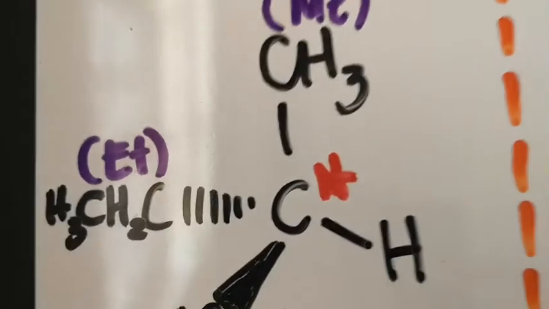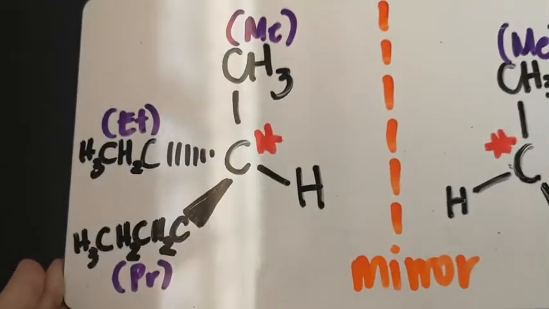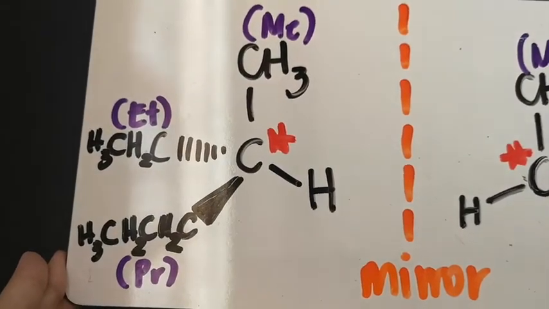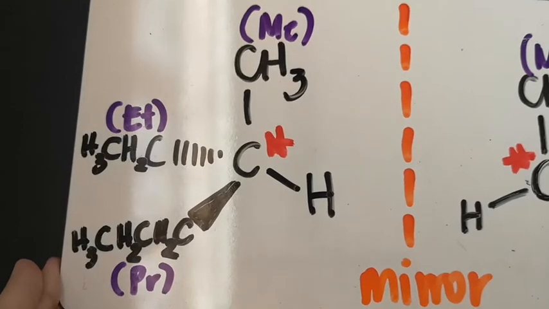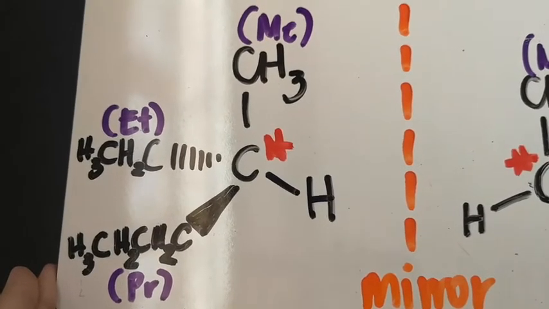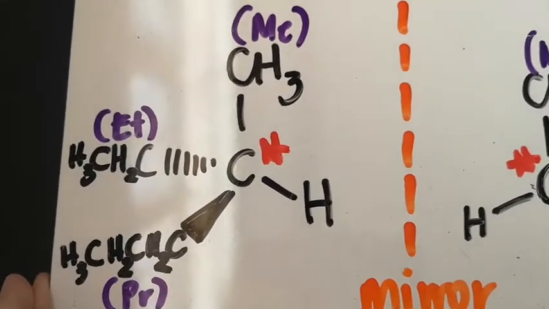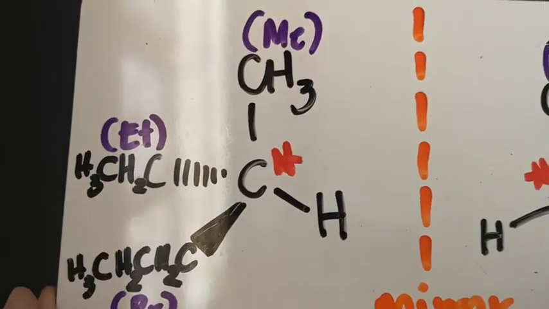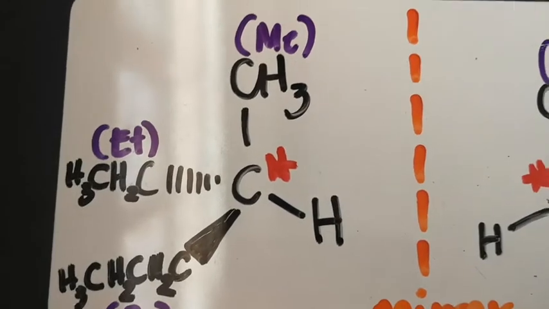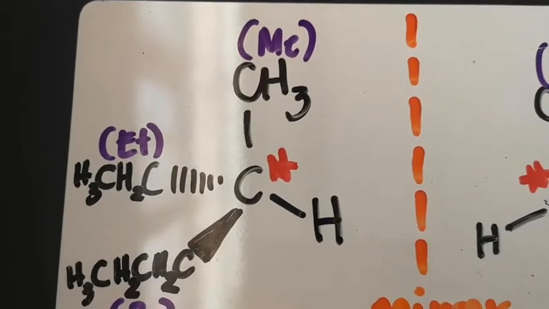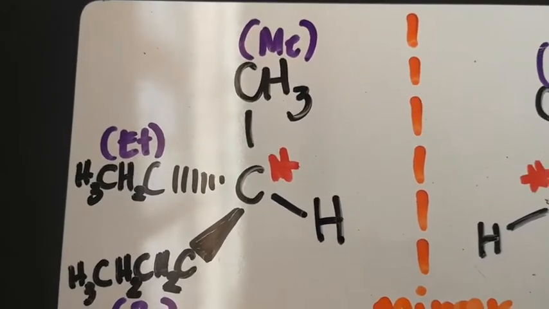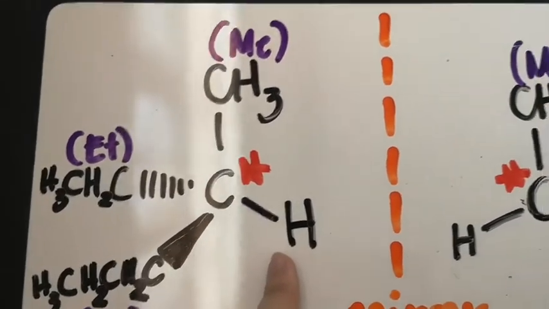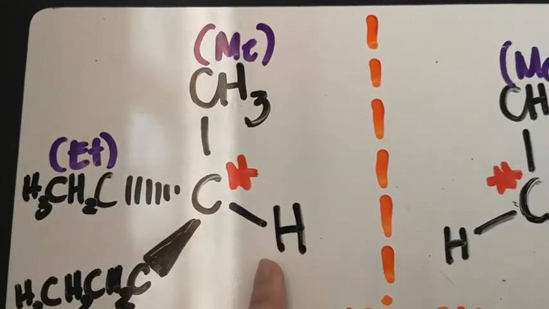So let's try assigning the configuration of the molecule on the left. The first step is to assign priorities to the constituents bonded to the chirality center. Higher priority is given to constituents with higher atomic numbers or with heavier isotopes. So in this case, if we rank the priorities of the constituents with respect to carbon-3, hydrogen will have the lowest priority, and so we give it a ranking of number 4.